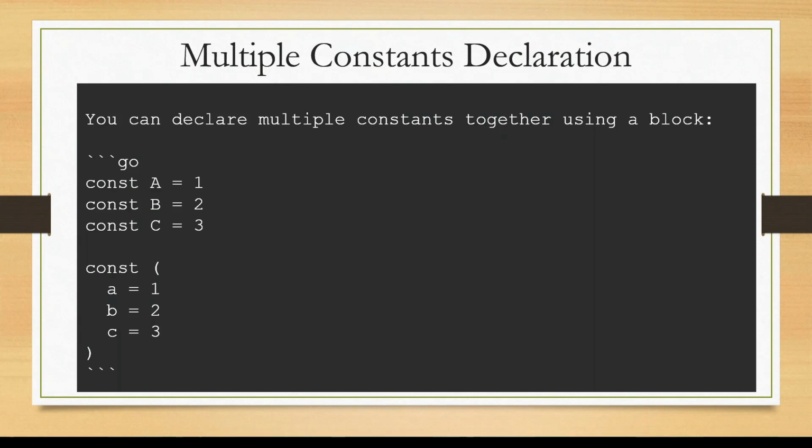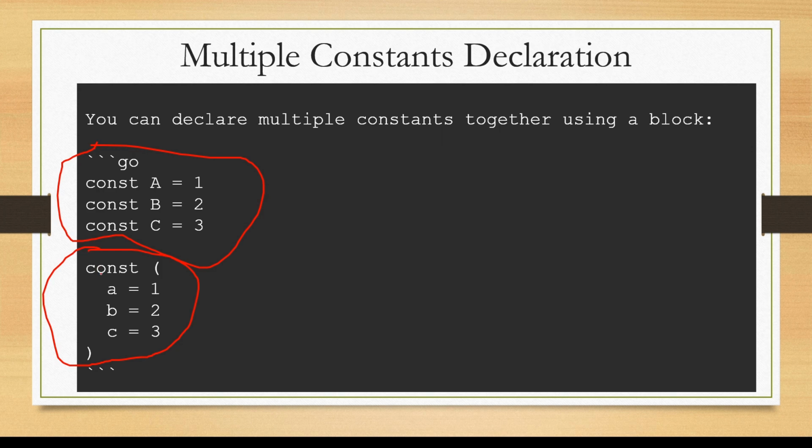All right, now let's see how we can declare multiple constants together in Go. Here is what the slide shows. Instead of writing const again and again like this, you can use a cleaner way. We can group the constants into a block using parentheses, and inside the block we list all our constants one by one.